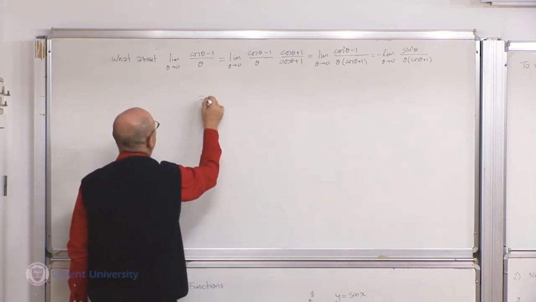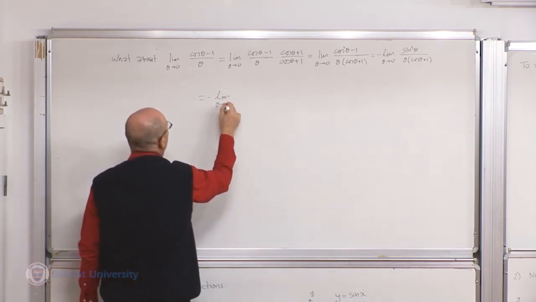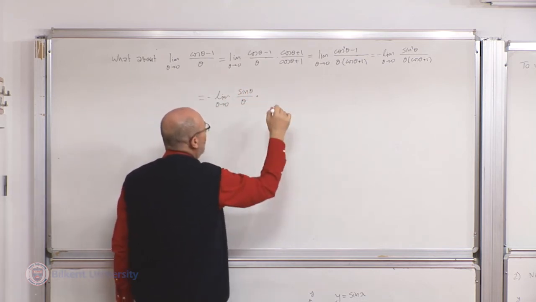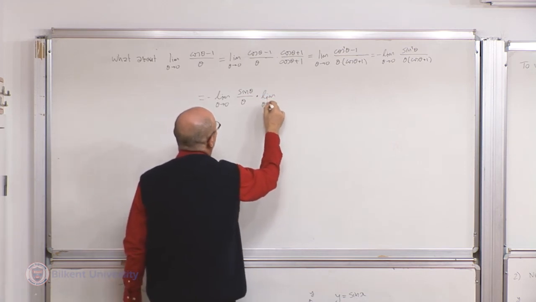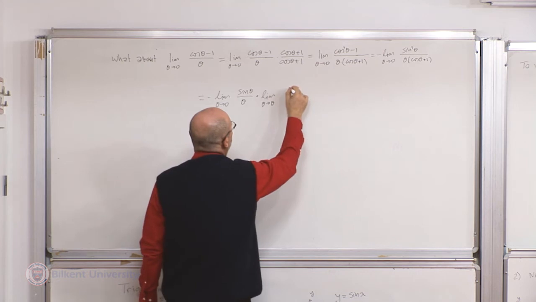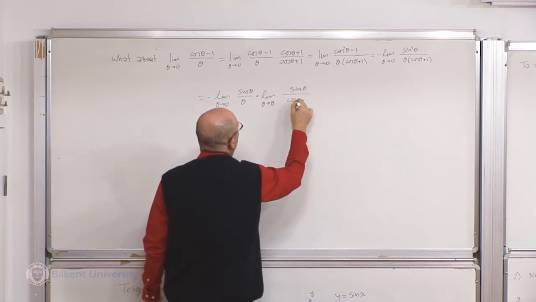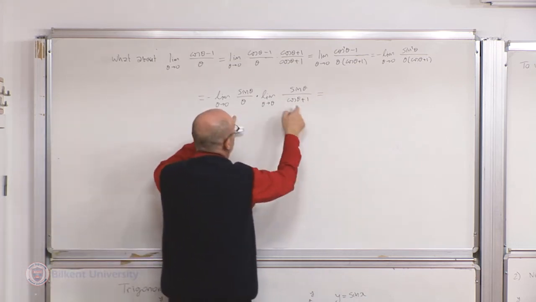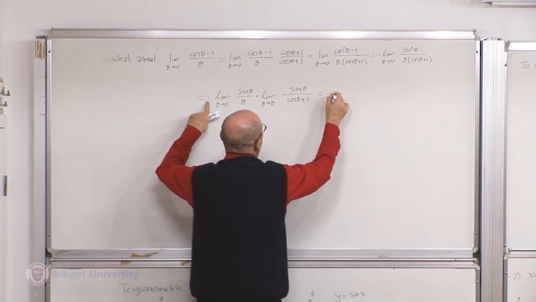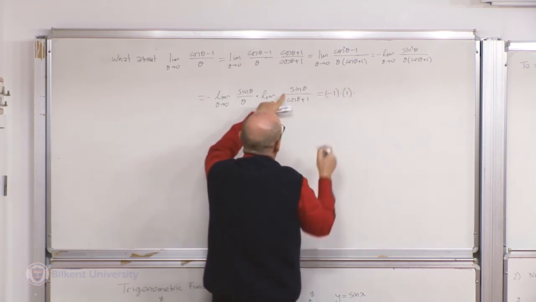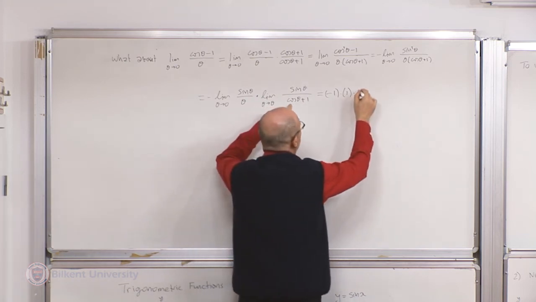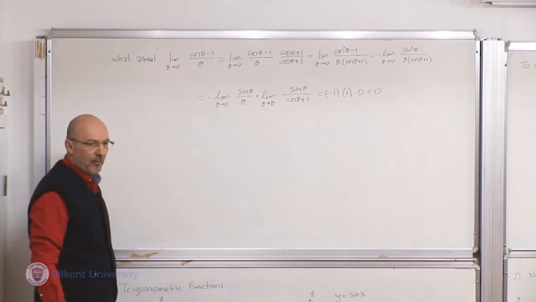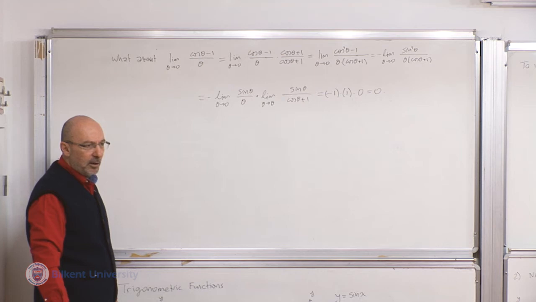I rewrite this as minus the limit as theta goes to 0 of sine theta over theta times the limit of a product, if all the terms exist, sine theta over cosine theta plus 1. All these limits exist. Minus 1 times, this is 1, this is 0 over 2, so this is 0. So that limit is 0.